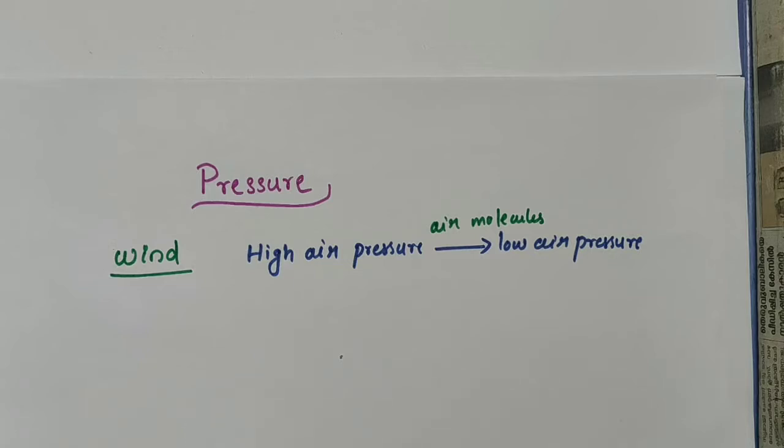What causes winds and cyclones? Winds and cyclones are caused by the differences in the air pressure.